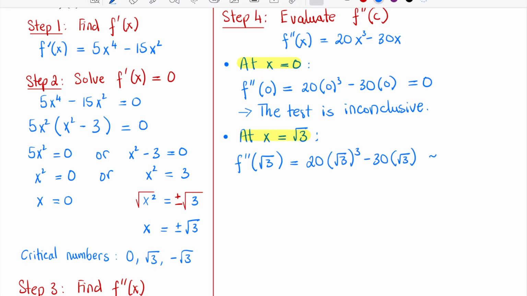And from the calculator, I get 51.96. The reason I convert that into a decimal here, even though the question doesn't ask for approximation, is that I just want to know if this number is positive or negative. So 51.96 is positive. What does that mean?